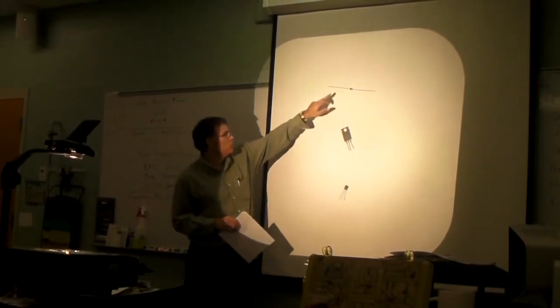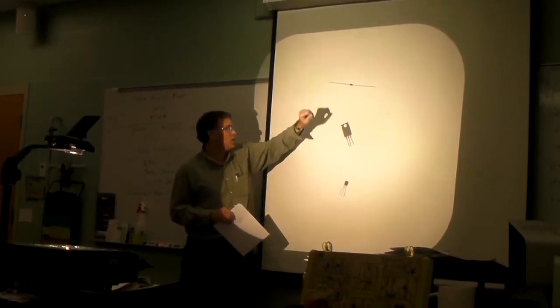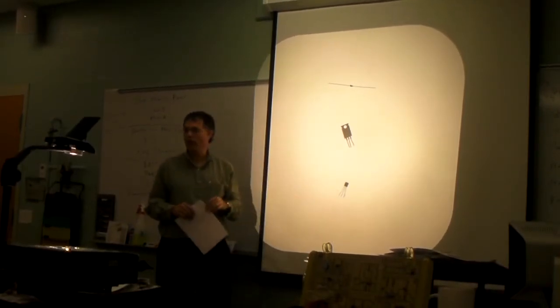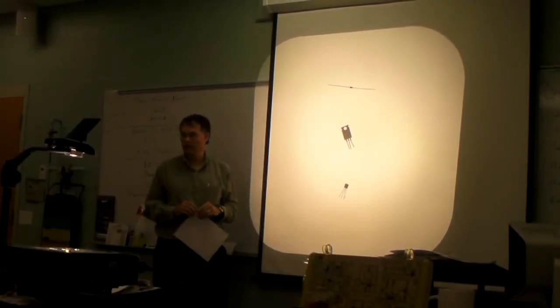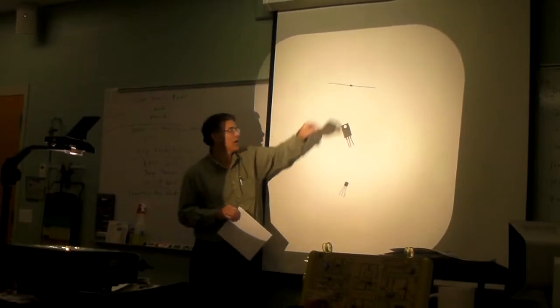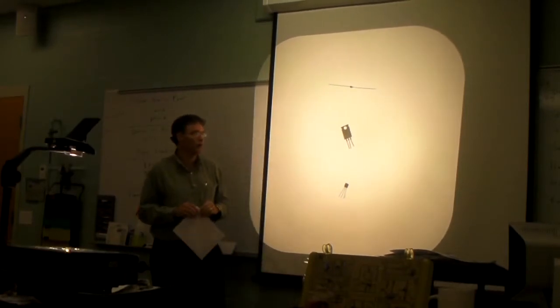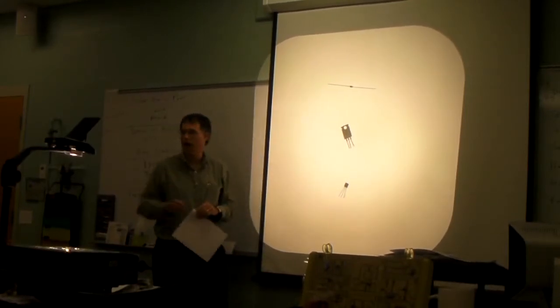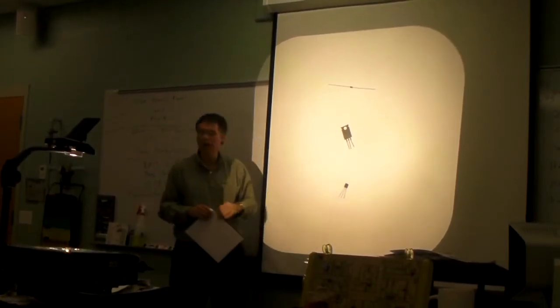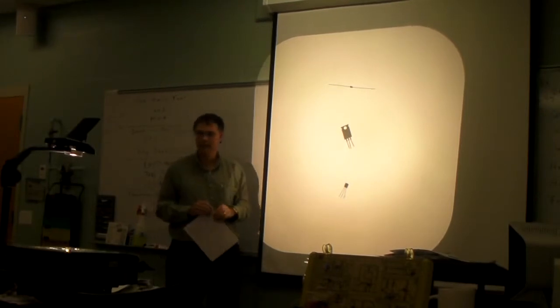In order to use a zener diode in a high current application, we have to use a bipolar junction transistor with it, and that's what we're going to be investigating today: how can we increase the current carrying capacity of a zener diode so that it can regulate higher levels of current? Well, we can do that by incorporating it with a bipolar junction transistor.